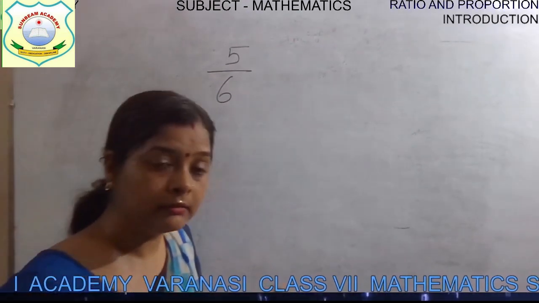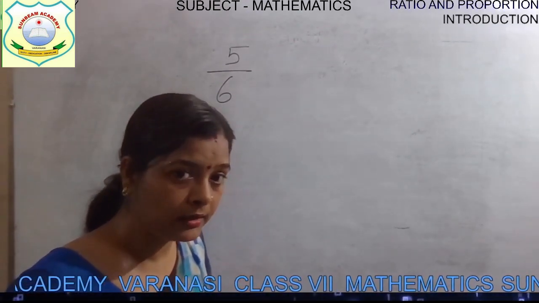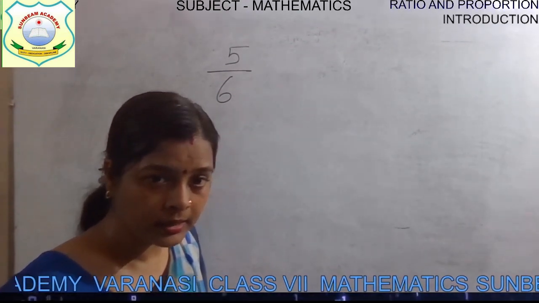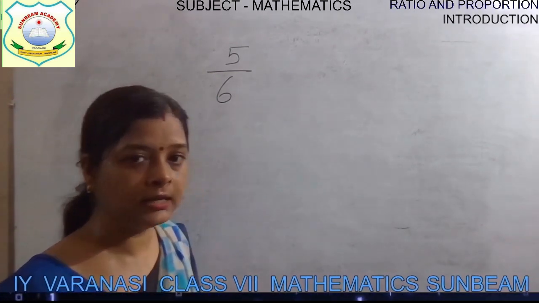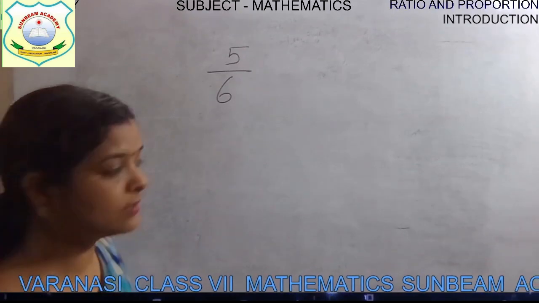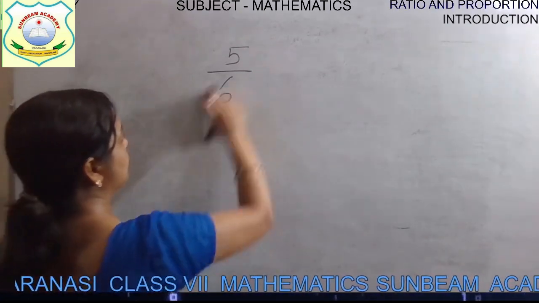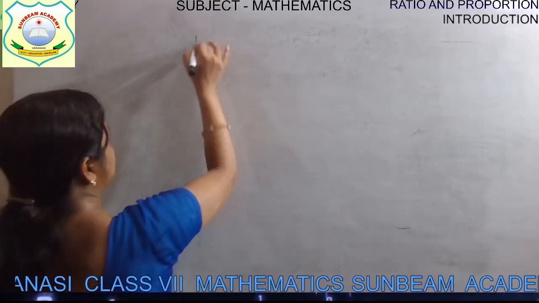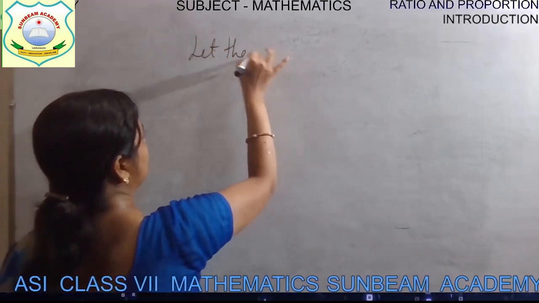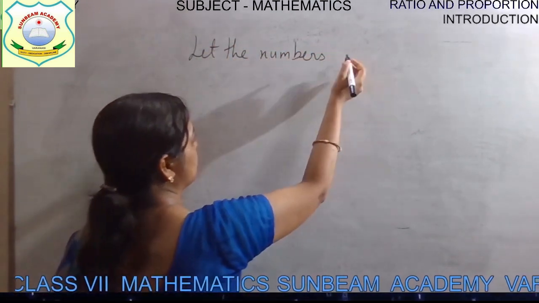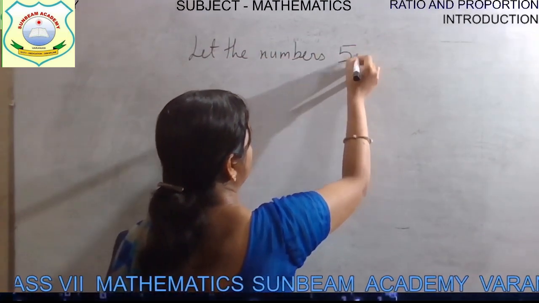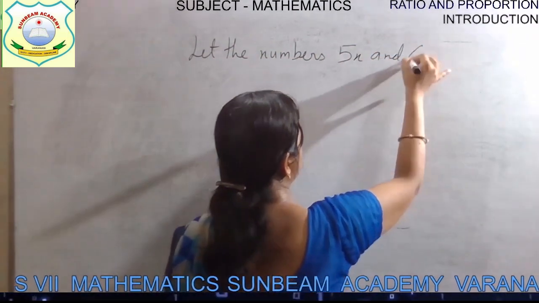So are they 5 and 6? Is it declared? No. So what will we take? Let the numbers, those two numbers, be 5x and 6x.